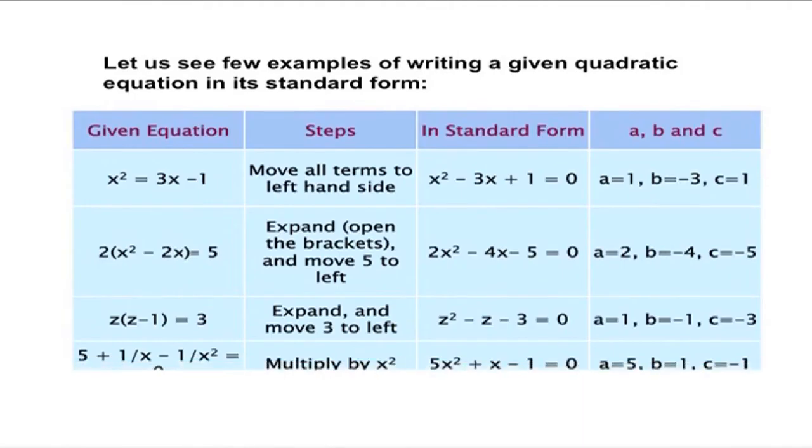Similarly, the fourth equation is 5 + 1/x - 1/x² = 0. Now you multiply by x², you will get the standard form, that is 5x² + x - 1 = 0, where a = 5, b = 1 and c = -1.